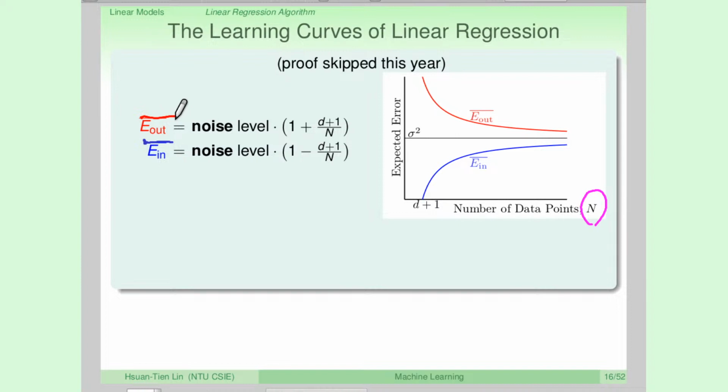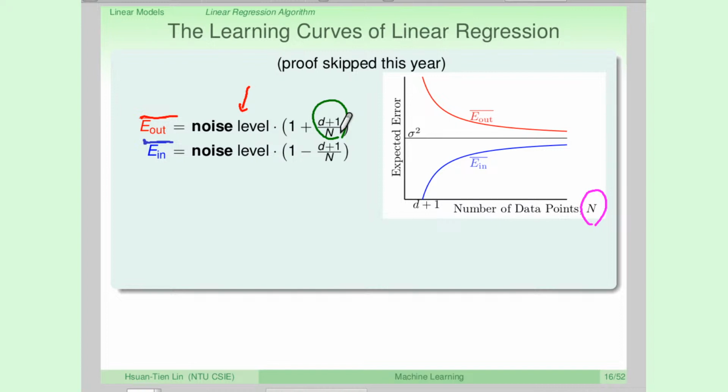And after some derivation, what we can basically get is that E out is a little bit more than the natural noise level within the data. How much more? d plus 1 over n, where n is the number of examples and d plus 1 is the dimension of the data that you have on hand.